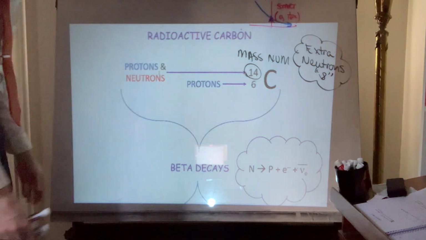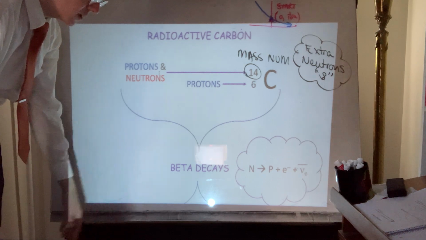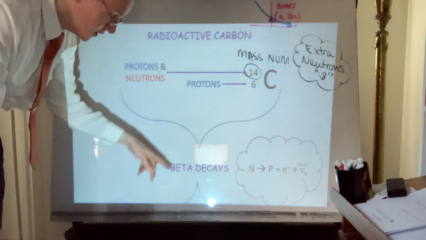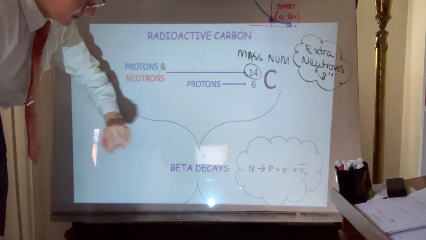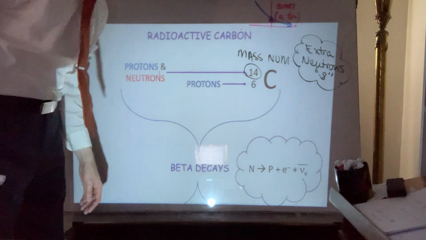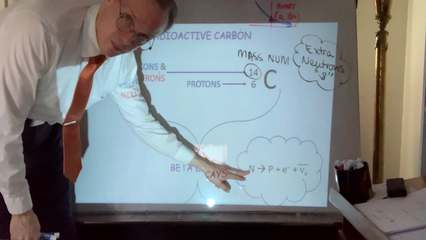Now, this is a naturally radioactive process, and of the radioactive processes, this is the beta type. This is known as beta decay. Basically, what happens, and this is the part that I find just incredible, is a neutron turns into a proton.